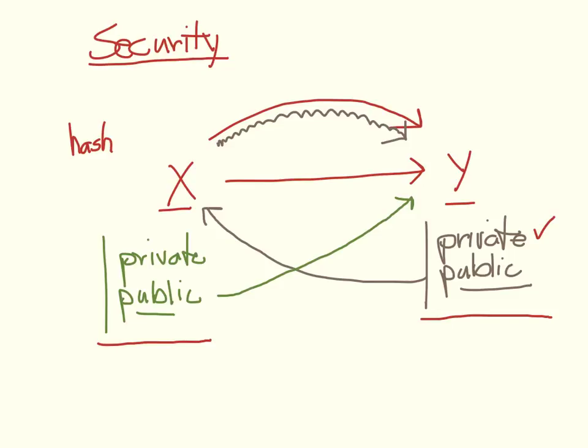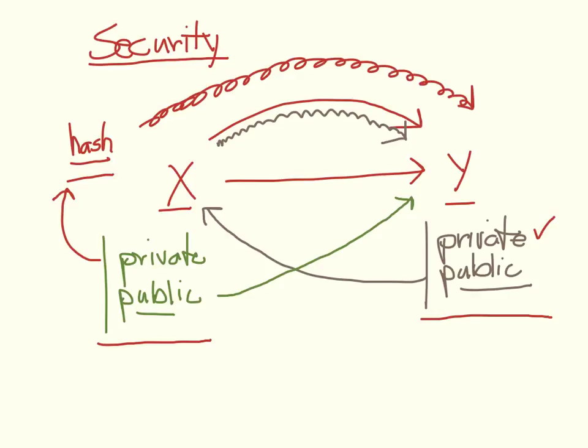Okay. And then it could add some information to the data and hash it however you want to do that. And then they could encrypt it with his or her private key, okay, and send it across. So this is the other data going across. And this would be like a digital signature.